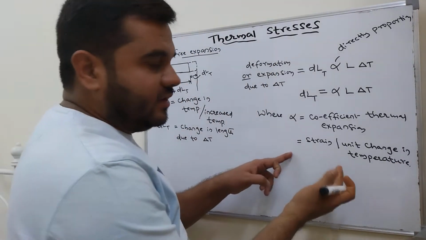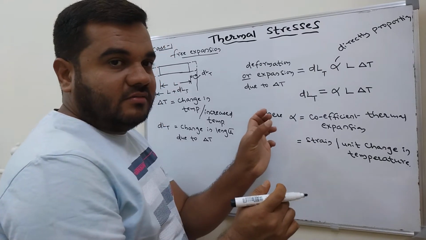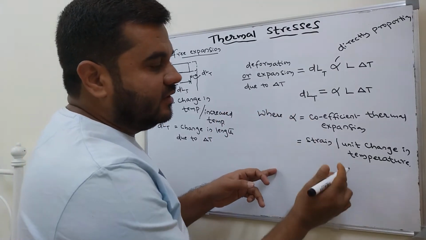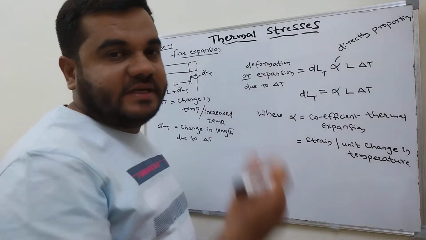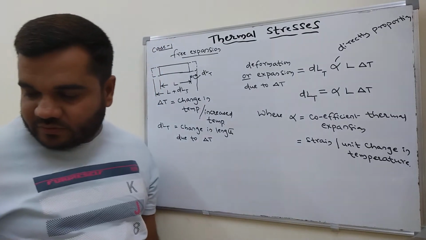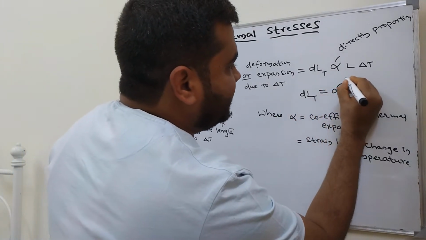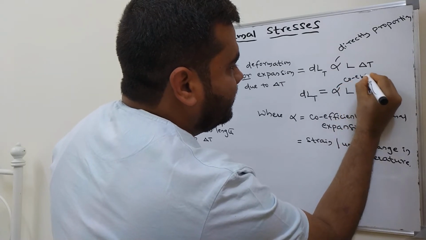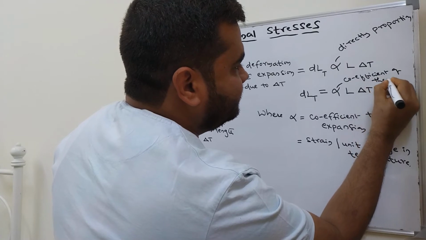So what unit will it have? Strain has no unit. It is how much strain per degree rise in temperature, or per degree reduction in temperature. So what is this? This is the coefficient of thermal expansion.